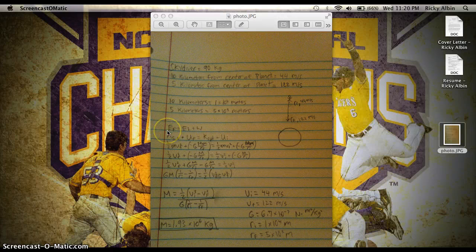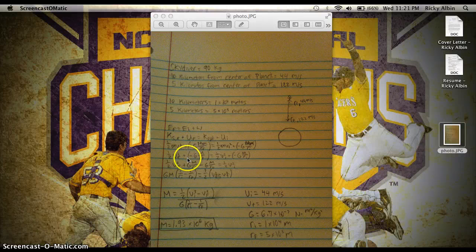So we'll start out with final energy equals initial energy plus work. Since our system is the skydiver and the unknown planet, and our surroundings aren't really anything, the work is going to be 0.